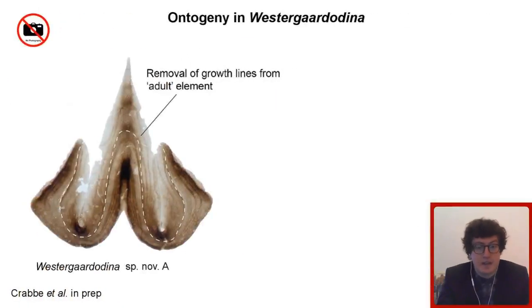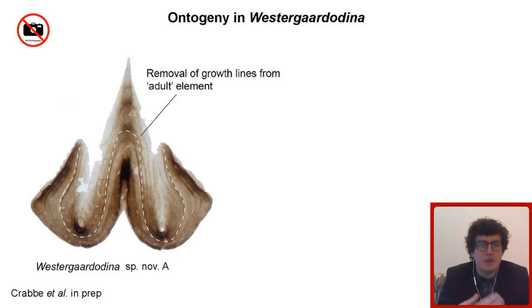And then we can take this a step further in elements of Westergaardodina due to the exceptional preservation of growth structure. So we can use software such as Photoshop to erase or crop out later growth stages in the element, the line marked there by the white dashed line.